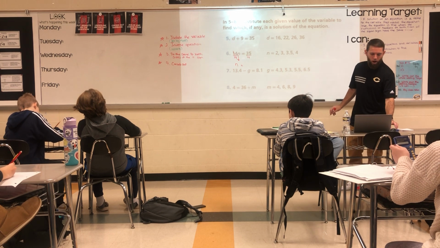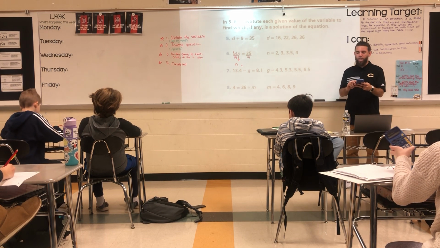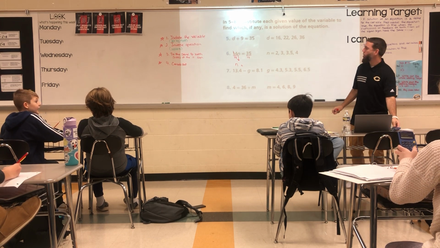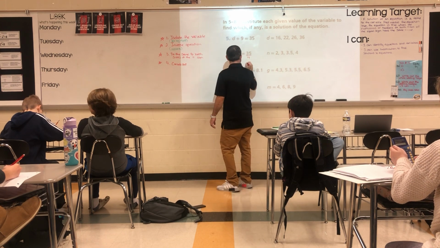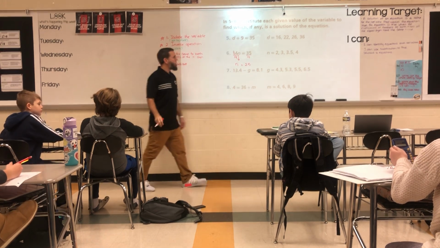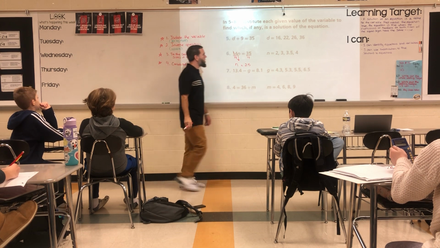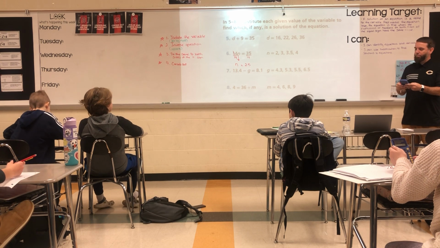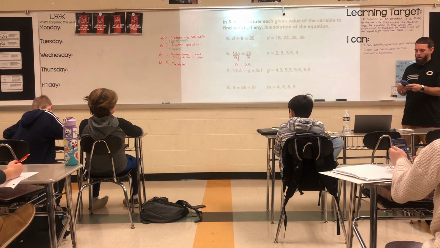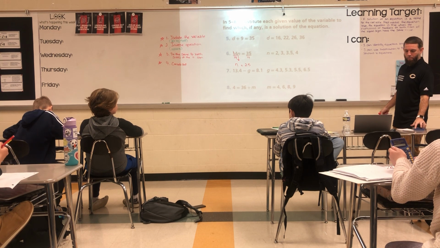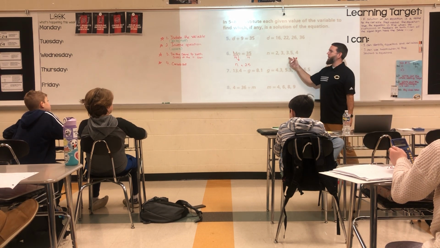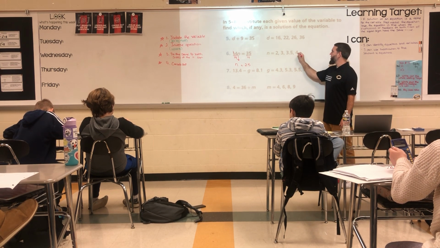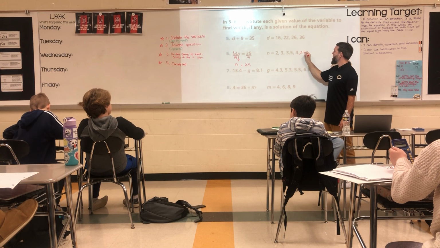All right, and Hadley, how did you come up with that answer? 35 divided by 14, and you get 2.5. So whenever we look at the answer choices, are they correct? No. Is that answer choice up there? Which it should be. It's 2.4.